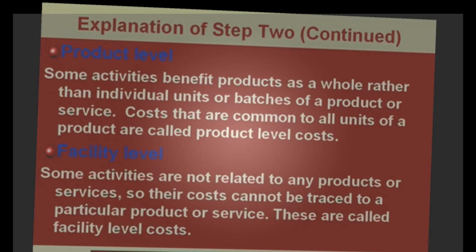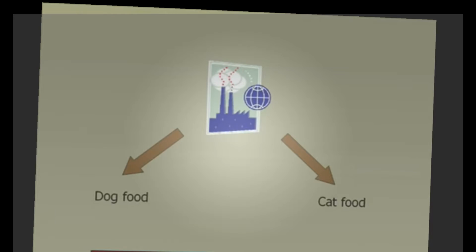The first skill you should have is when you look at an activity, you should be able to say, is it unit level, batch level, product level, or facility level? Let me give you an example. Look at this. Assume a company has a factory which produces two different items, namely dog food and cat food.